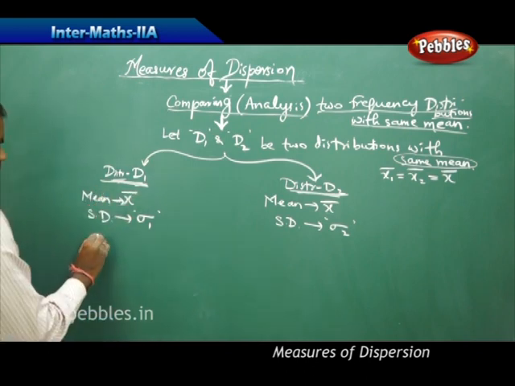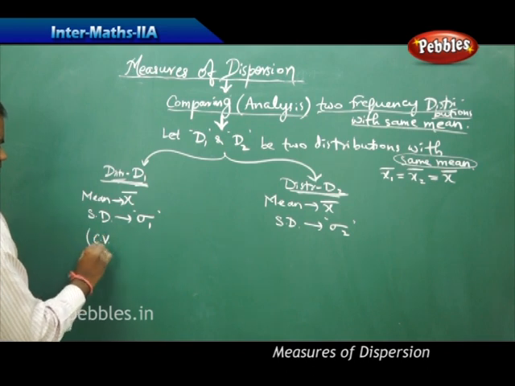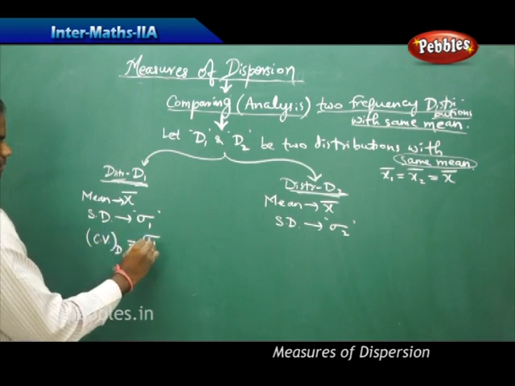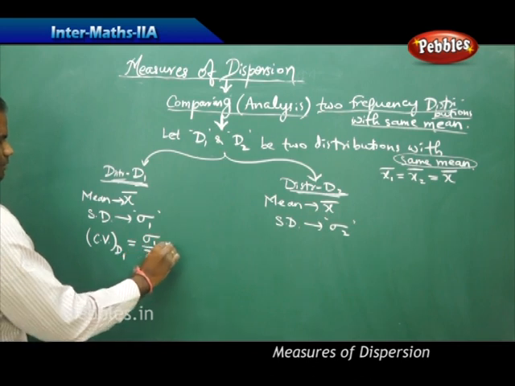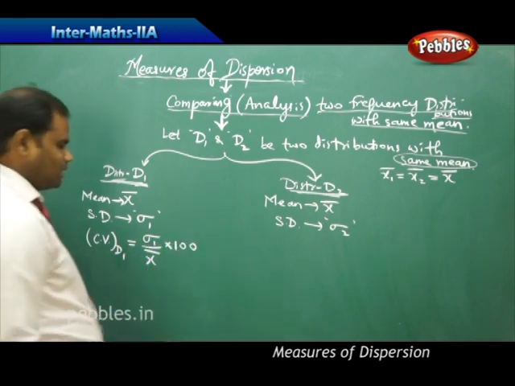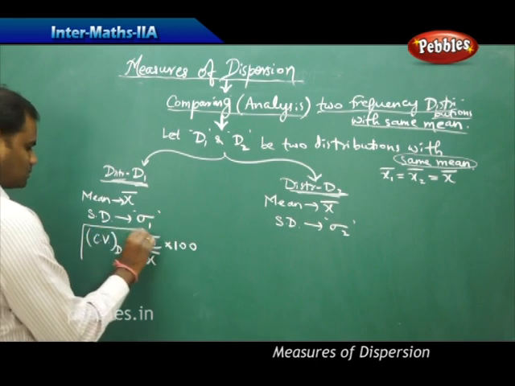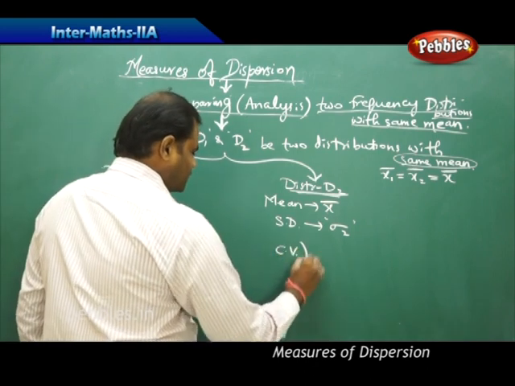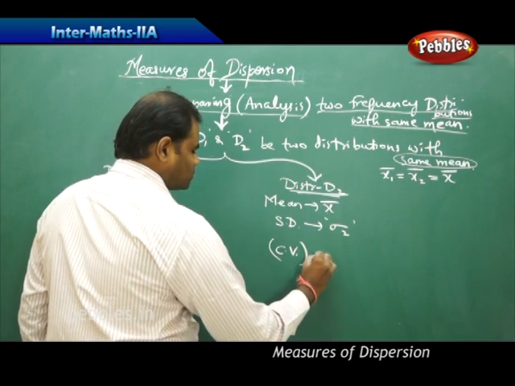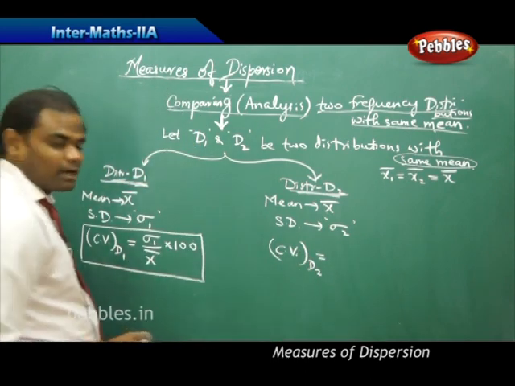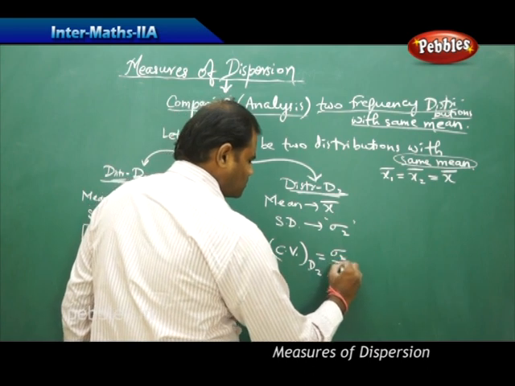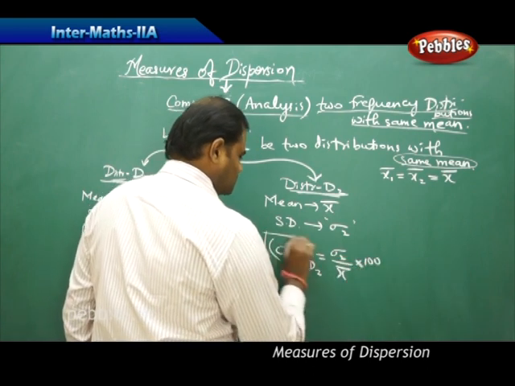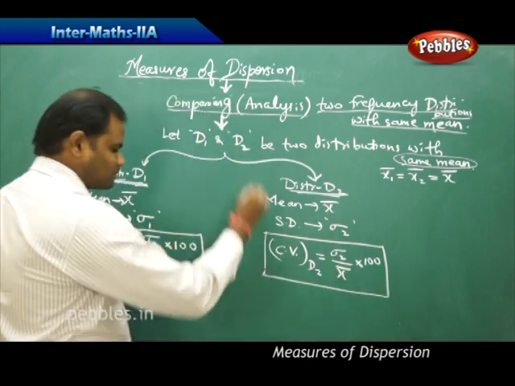Therefore, the coefficient of variation of distribution D1 is sigma 1 by x bar into 100, and the coefficient of variation of distribution D2 is sigma 2 by x bar into 100.